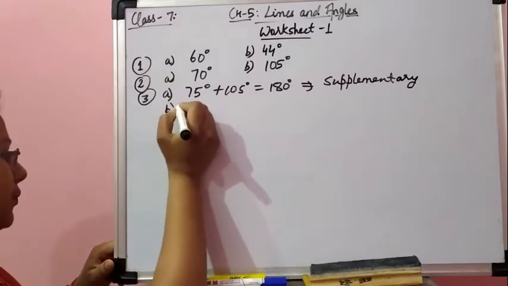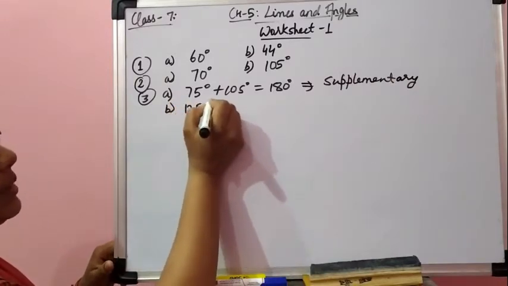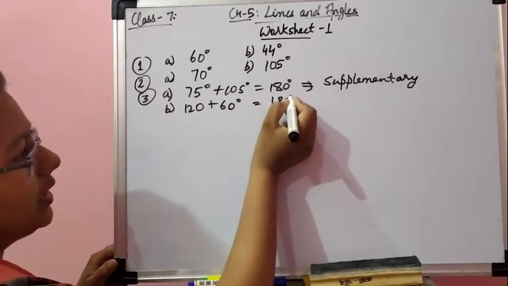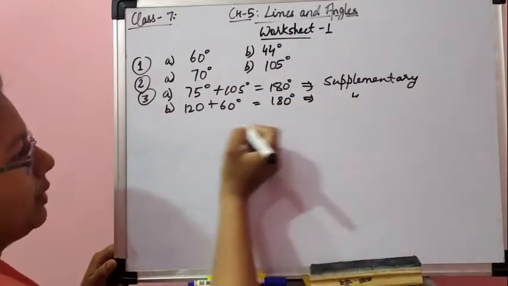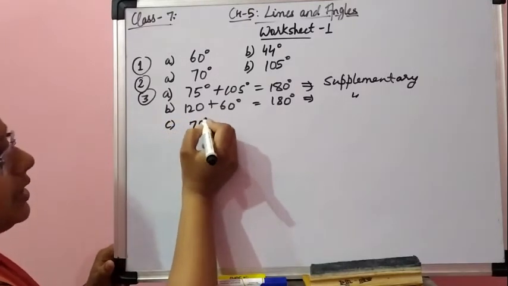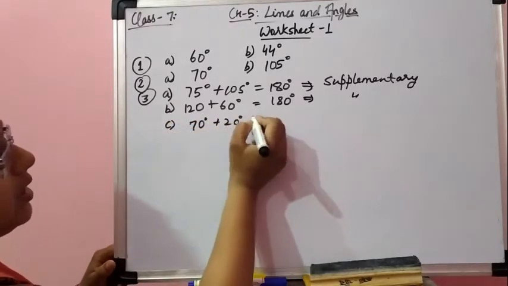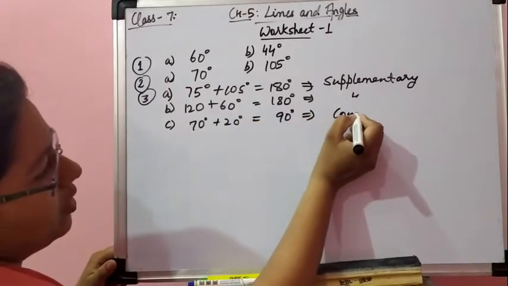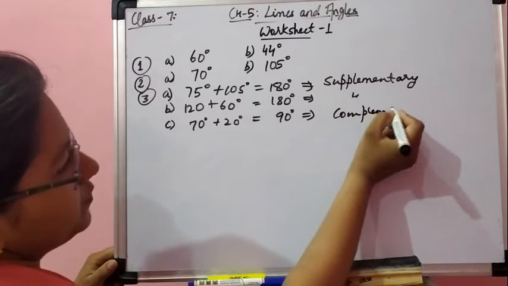Similarly, B part, 120 plus 60 again is equal to 180 degrees, same, supplementary. Now for C part, 70 degrees plus 20 degrees is equal to 90 degrees, which means they are complementary.